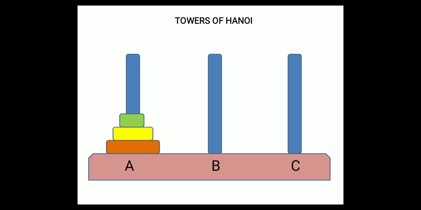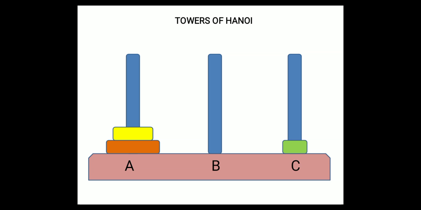This is the initial position. You can see that all the disks are stacked in the source tower. We just saw the first move, wherein we are moving the green disk to the destination.